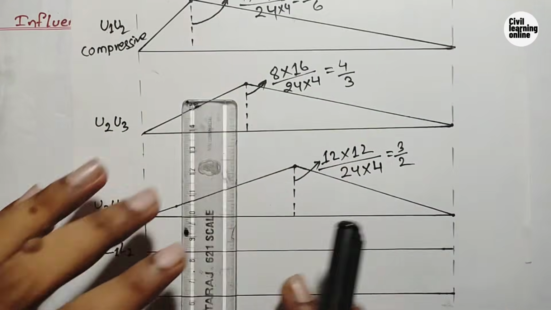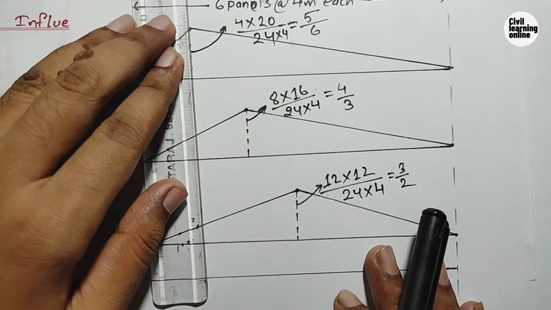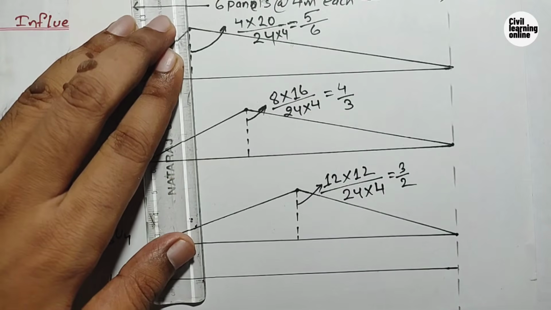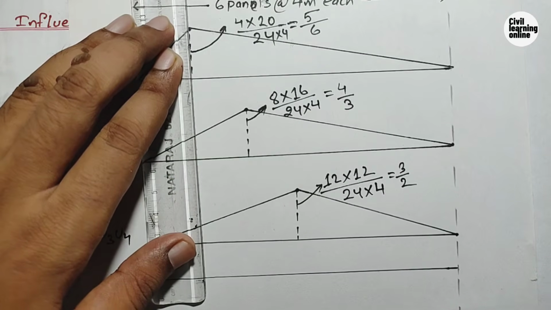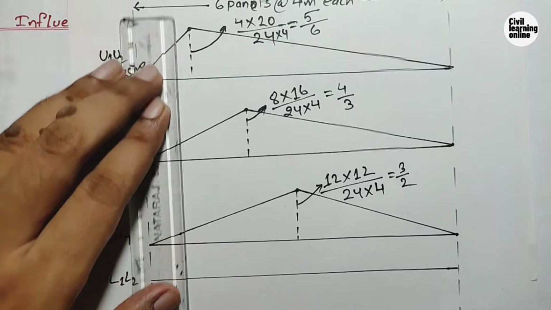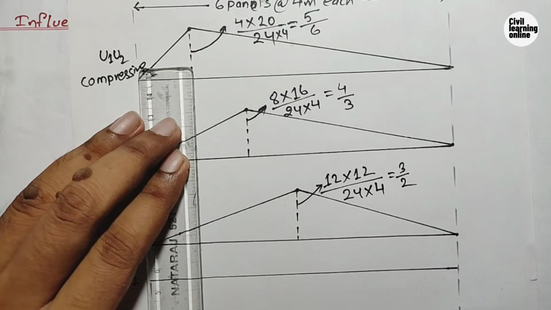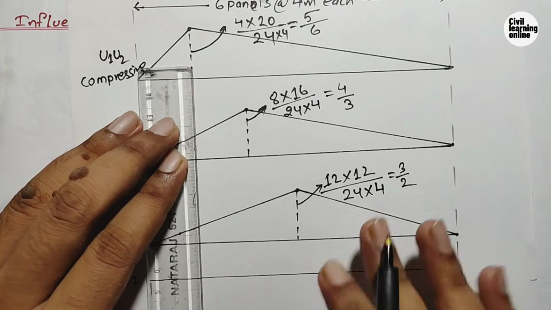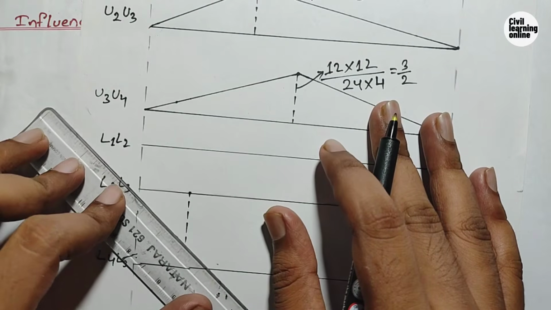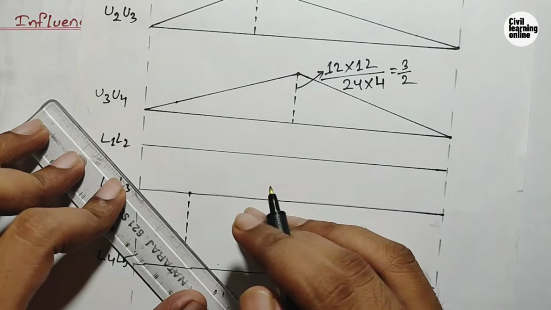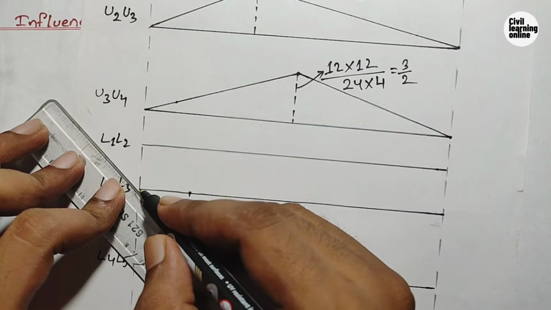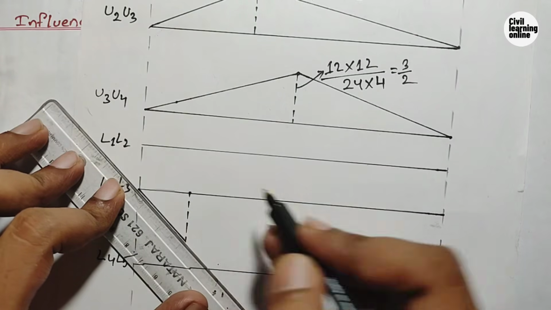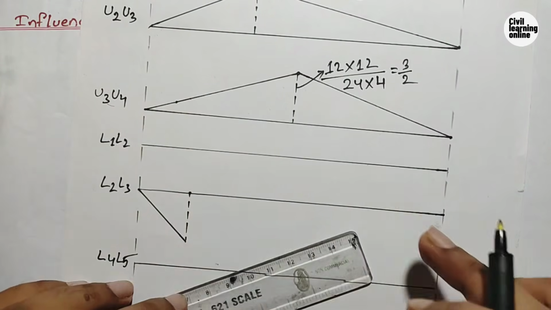So drawing the influence line diagram for L2, we need to draw a dotted line, and our lower chord member is tensile, so its influence line diagram will be drawn below this line.